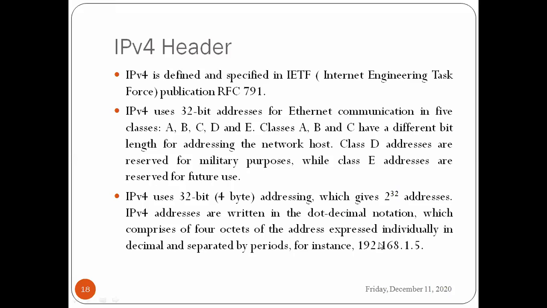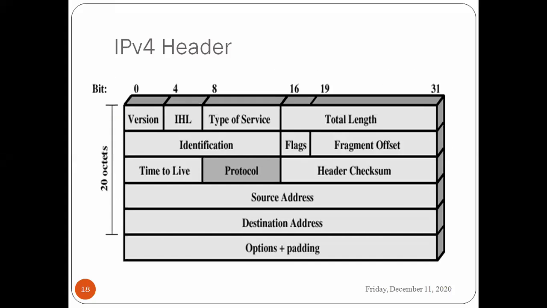Like 192.168.9, the dot notation comprises 4 octets, and the address is expressed individually in decimal and separated with periods. So for instance, we have 192.168. This is the IPv4 address.